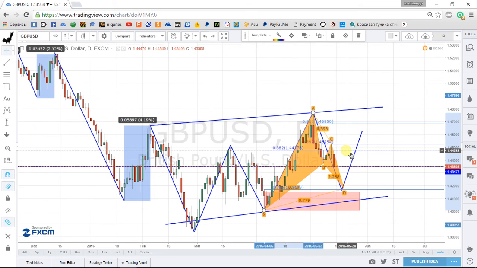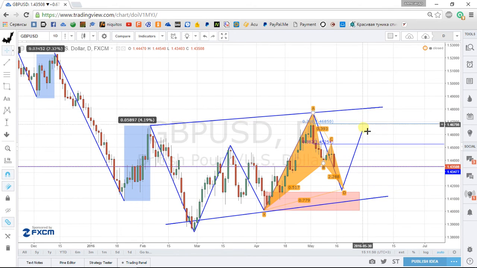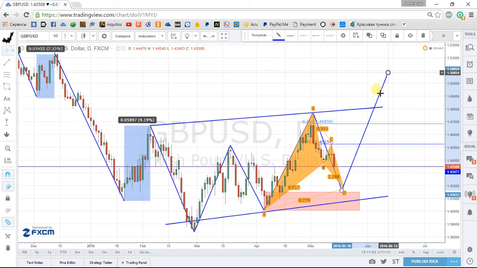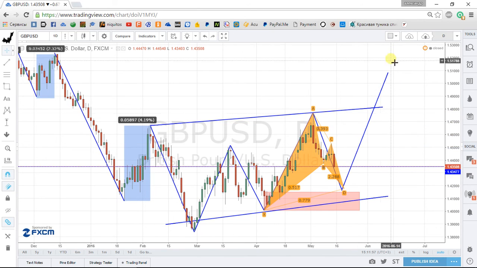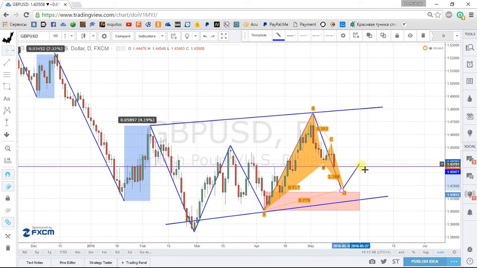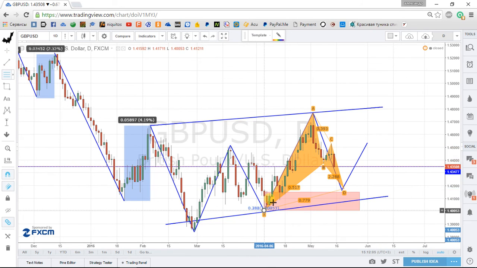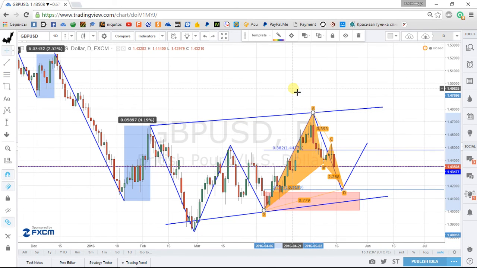What are my targets here? If I'm not expecting large movements to the upside, my targets should be somewhere between 382 and 618 maximum, 618 retracement. Let me enable this fib, it's called entry.